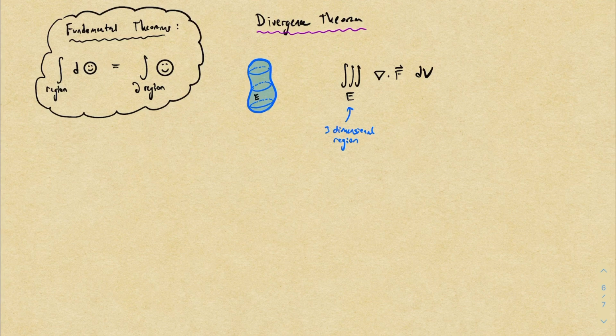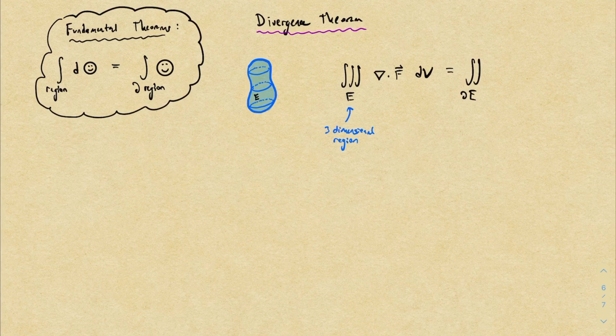Remember that the divergence of a vector field is just a scalar-valued function. It spits out a number. So this expression here is just a regular triple integral. And the theorem says that this triple integral of the divergence equals, on the right-hand side, an integral over the boundary of this region. If I have a three-dimensional blob, what is the boundary of that region going to be?